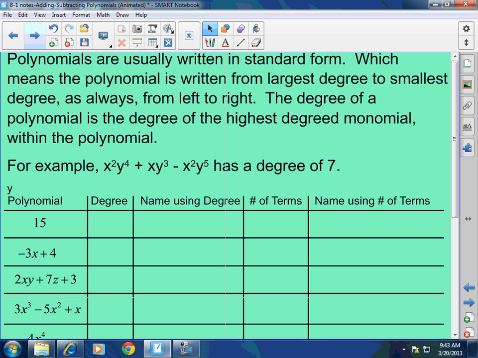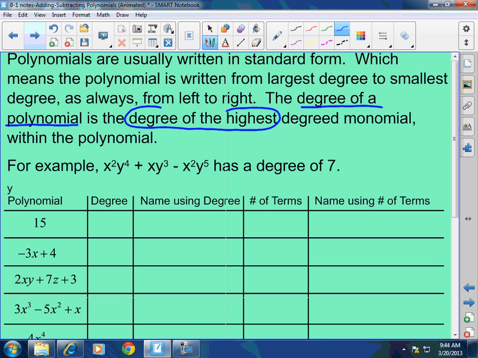As always, from left to right. The degree of a polynomial, pay attention, is the degree of the highest degreed monomial within the polynomial.